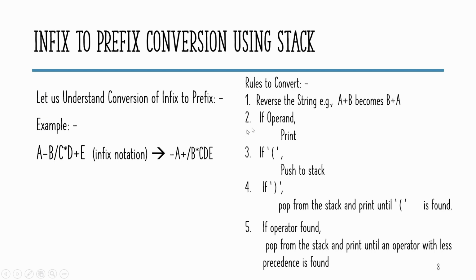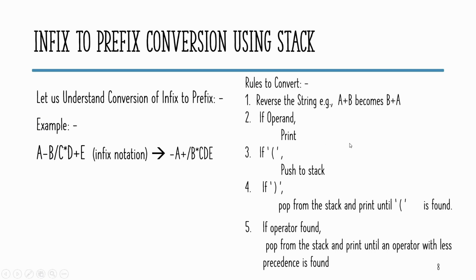postfix conversion, right? So if it is an operand, then we'll print it. If it is an opening bracket, we'll push it to stack. If it is a closing bracket, we'll pop from the stack and print until the opening bracket is found. And the fifth rule is that if an operator is found, pop from the stack and print until an operator with less precedence is found.